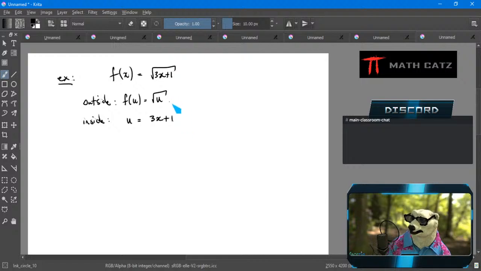So I specifically want to use my name for my inside function as the variable in the outside function, because then I can very easily see u is the thing inside the square root, u is equivalent to 3x plus 1, therefore I get the given function back. There's no doubt. I can see the composition happening here, I hope.